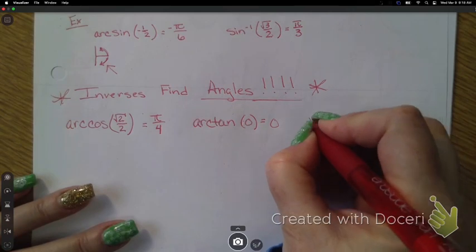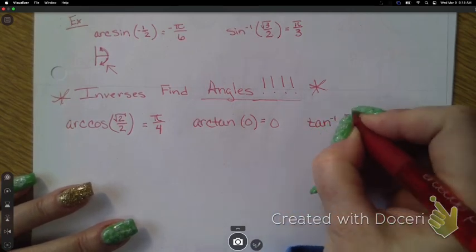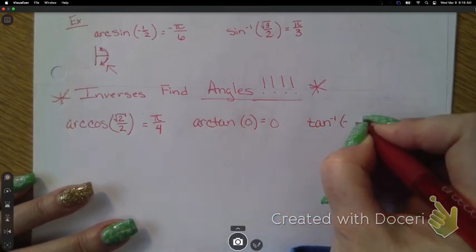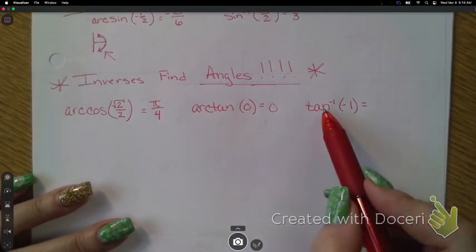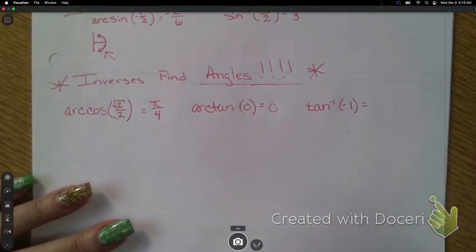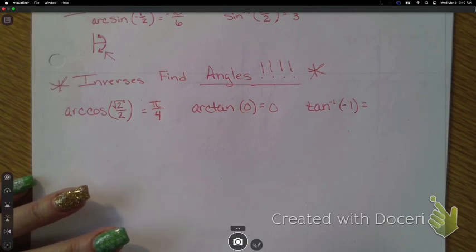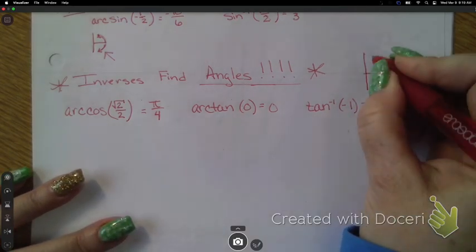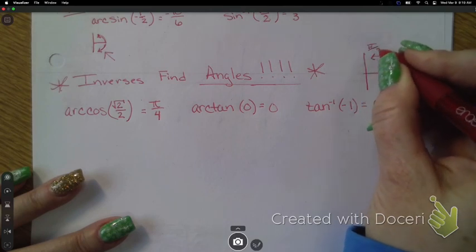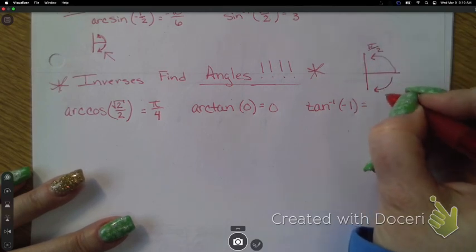Now, the inverse tangent of negative 1. So where is tangent negative 1 at? Tangent is up to pi over 2 and down to negative pi over 2.